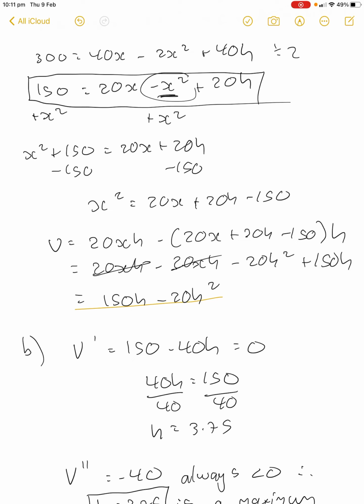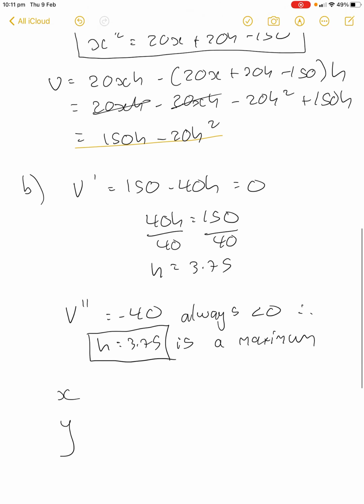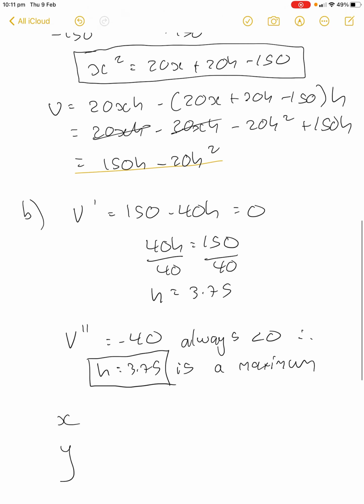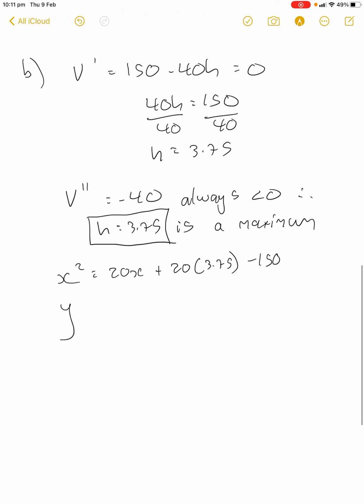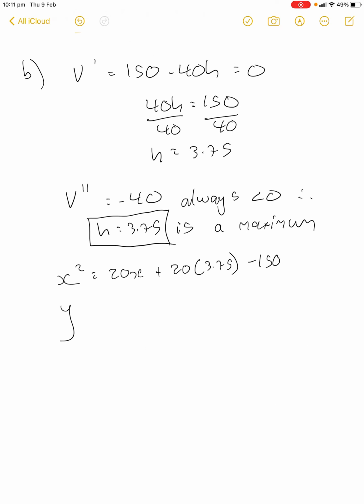This right here is what we have for x. It's going to hurt. We've got x squared is equal to 20x plus 20 times 3.75 minus 150. Let me just rub away this y.